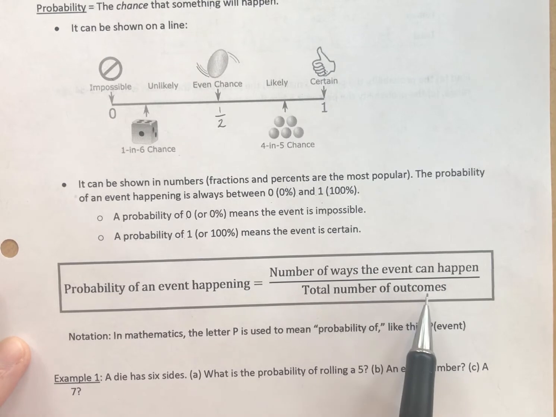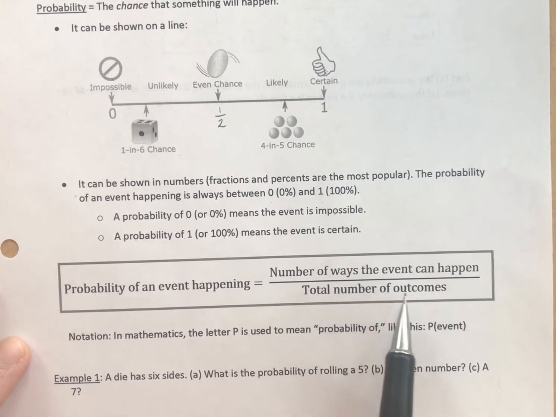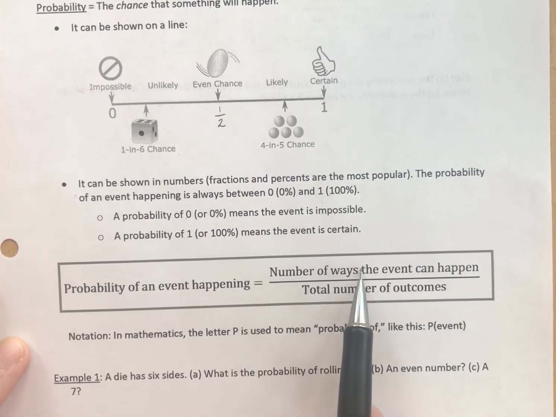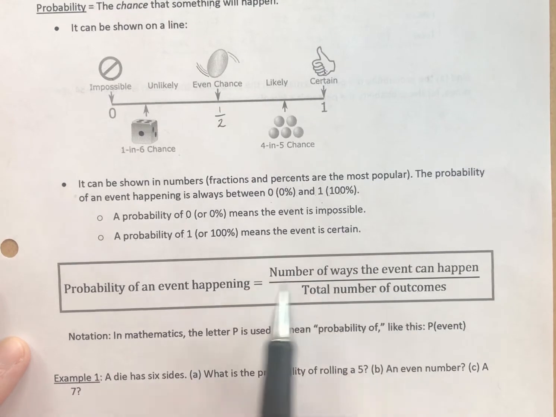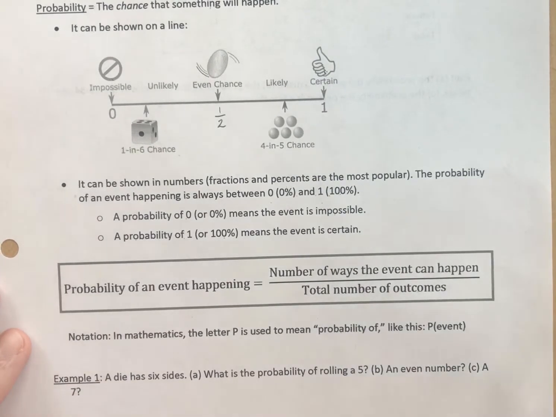However, you often know this. So your denominator is always the total number of outcomes. Your numerator is the number of ways what you're looking for, the event, can happen. So probability is a fraction, which can be changed to a percent, of course: the number of ways the event can happen over the total number of possibilities, the total number of outcomes.